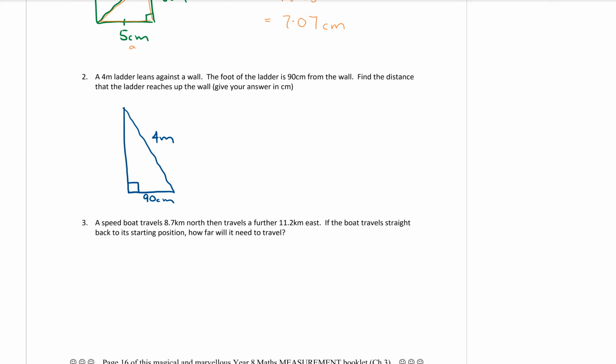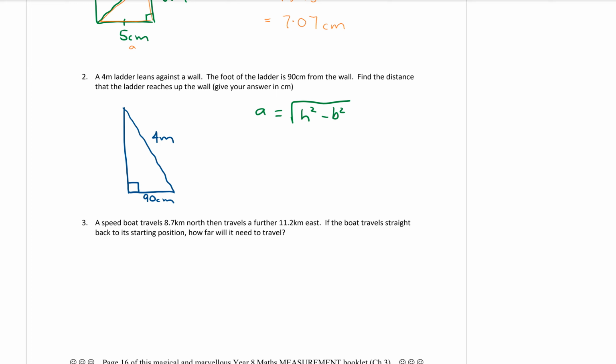So I am going to use the A equals big square root H squared minus B squared, the shorter side formula. Now there is one extra problem. Can anyone see it? Yes, you have to convert the measurements. Correct. Right now it's 4 metres and 90 centimetres. These measurements always need to be in the same units.